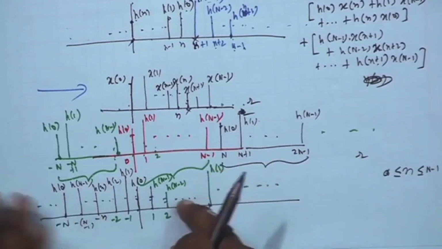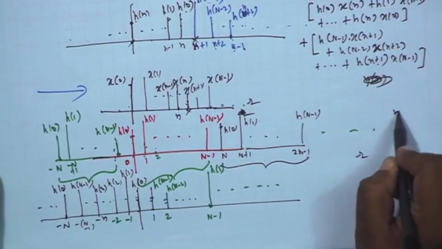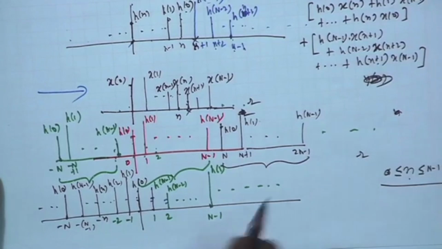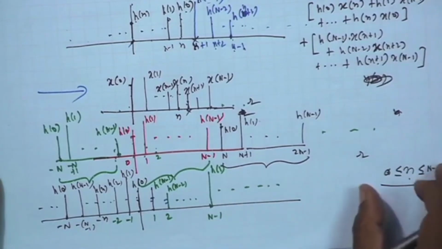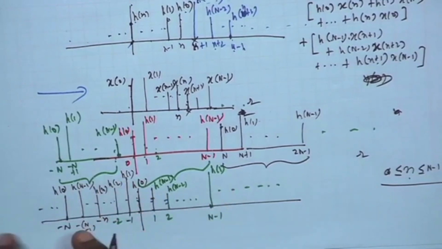So, flipped. And now you want to carry out the circular convolution at an index n within that range. Within the range of that sequence, 0 to capital N minus 1, this is my final range. So shift this flipped periodic sequence to the right by that small n.